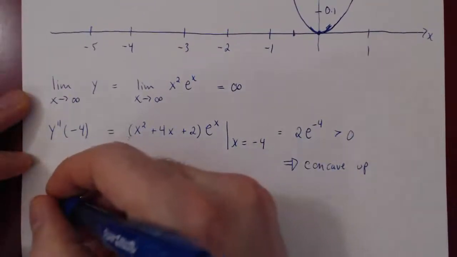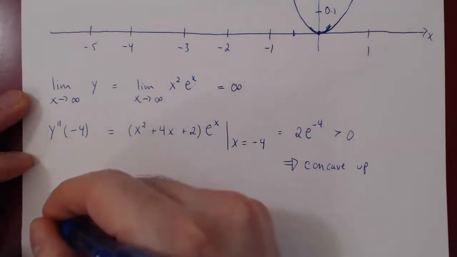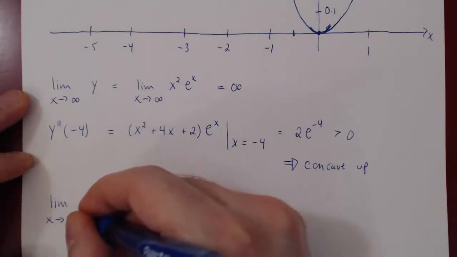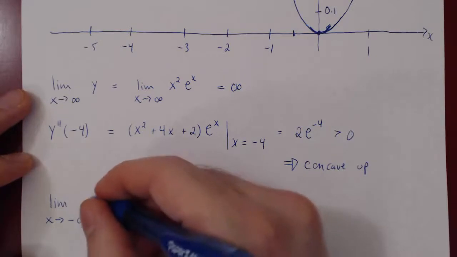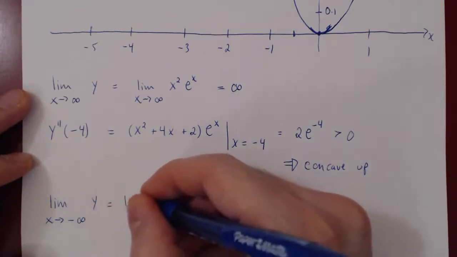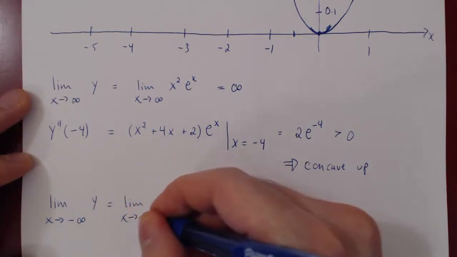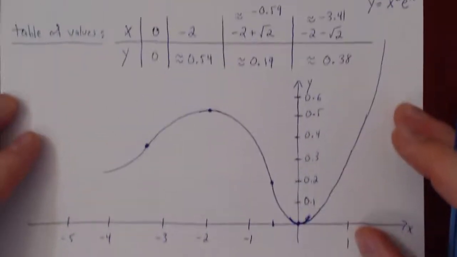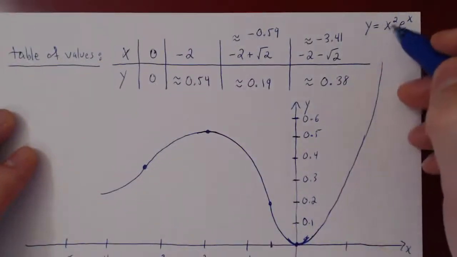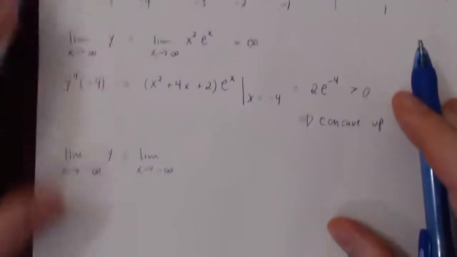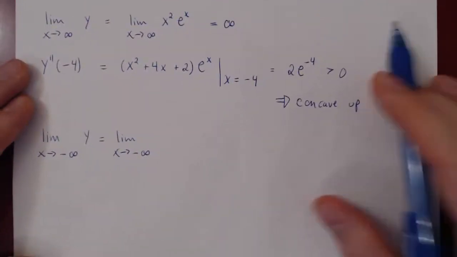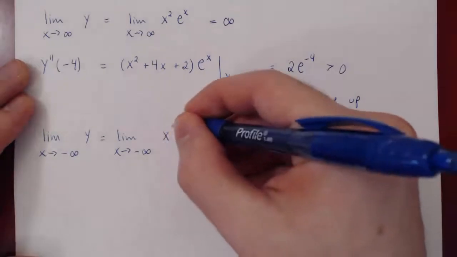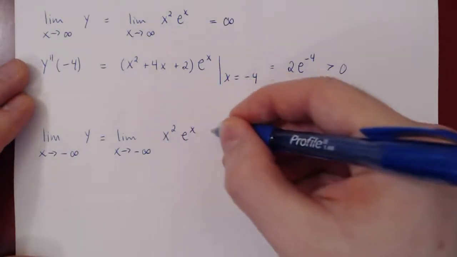What is the limit as x goes to negative infinity of y? Well, y was equal to, if you just go back, the function is x squared e to the x. So we have x squared times e to the x.